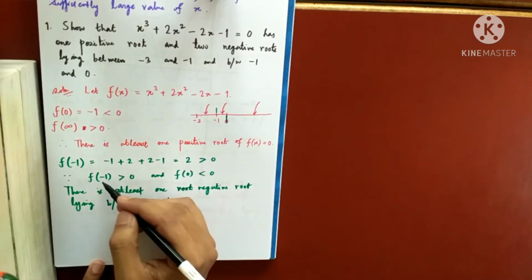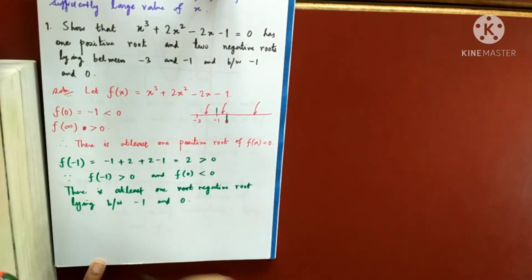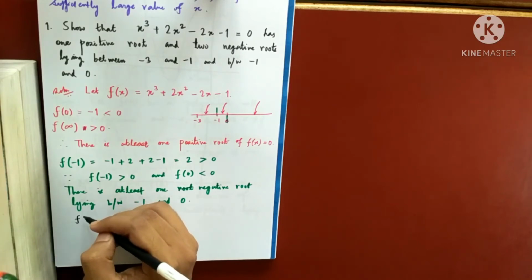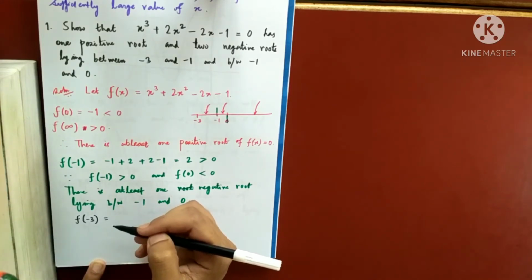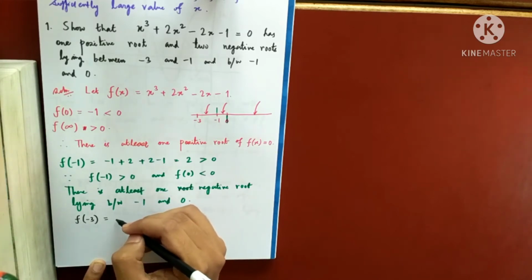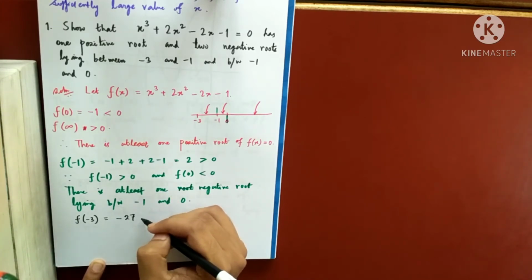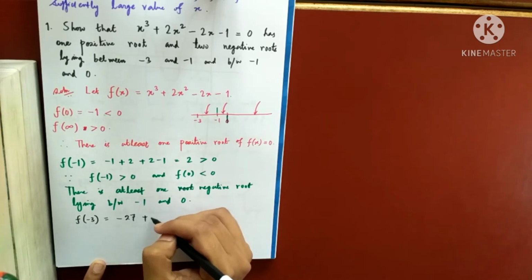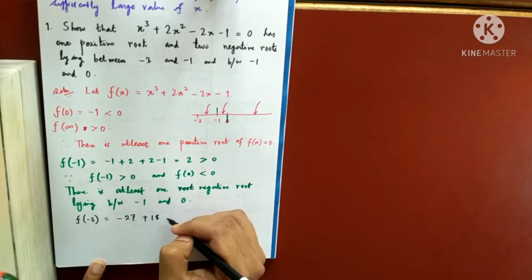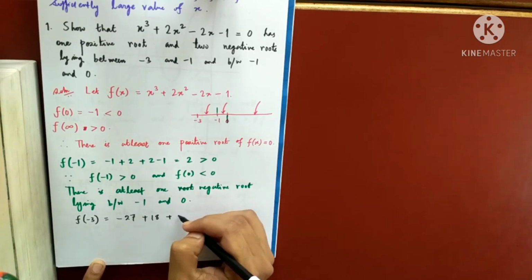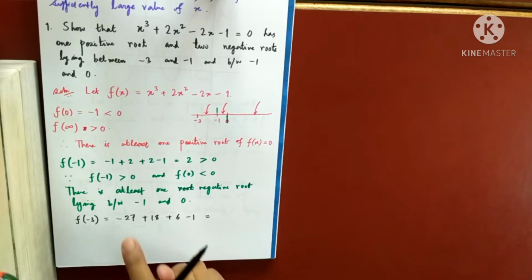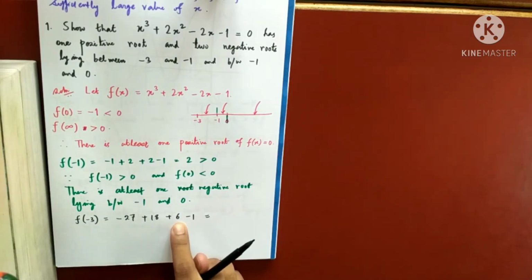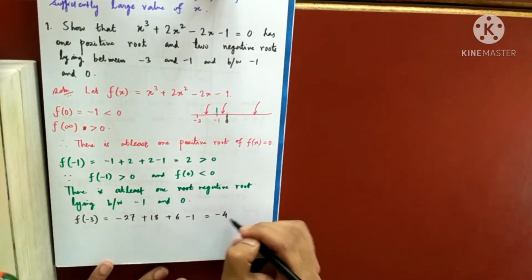So f of minus 1 I have already computed. I'll find f of minus 3. What will be f of minus 3 for us? It will be minus 3 cube, that means minus 27, and minus 3 square is 9, 9 twos are 18, minus 2 into minus 3 will become plus 6, and then minus 1. So this is how much? Minus 9 plus 6 is minus 3, minus 1, minus 4, this is less than 0.